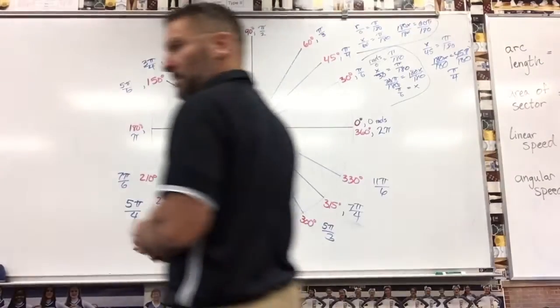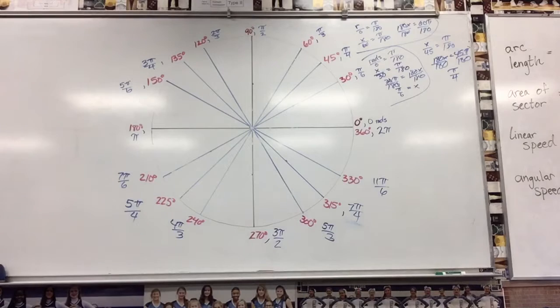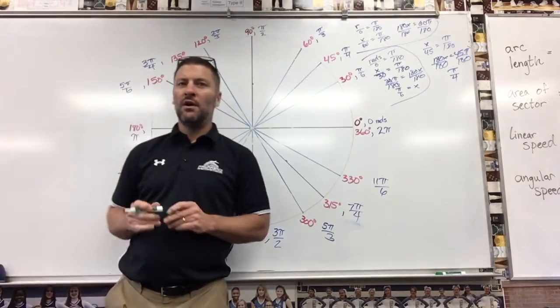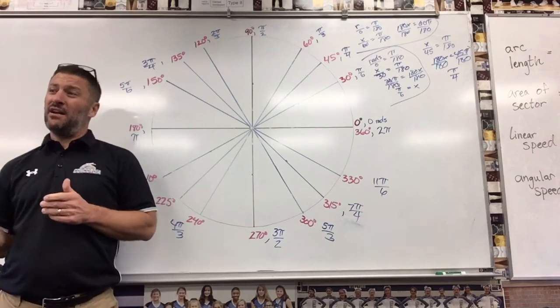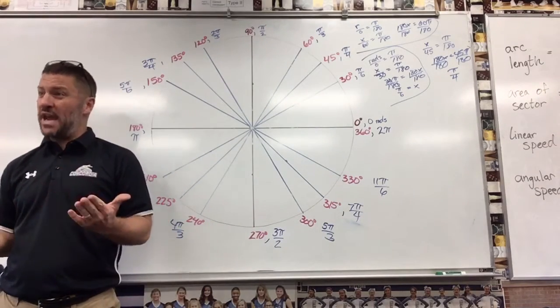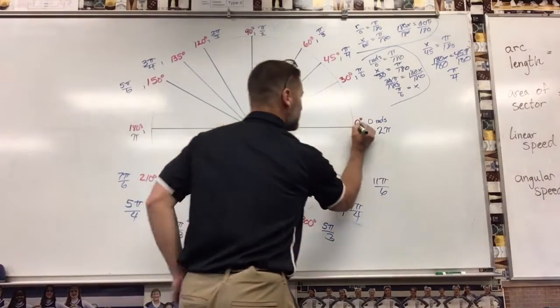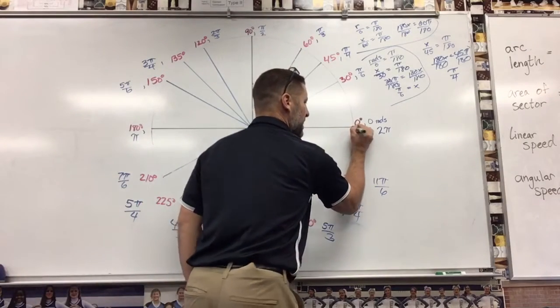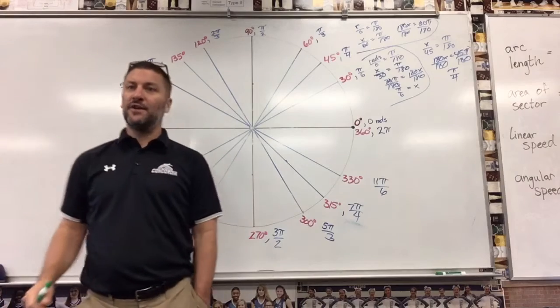All right, so I'm going to go in on top of the unit circle here. And every spot that has a radian value also has a spot on the unit circle that has an ordered pair. For instance, this little ordered pair right here, and we're going to do all the quadrant angles first.